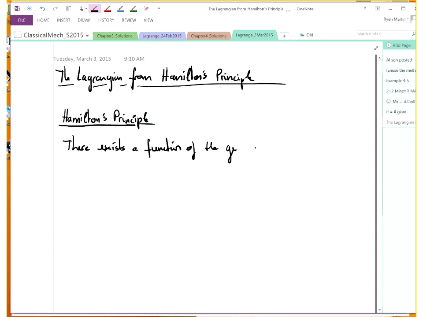that there exists a function of the generalized coordinates and their velocities in time.